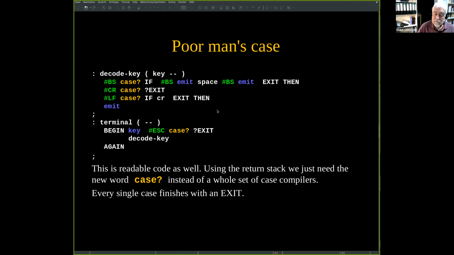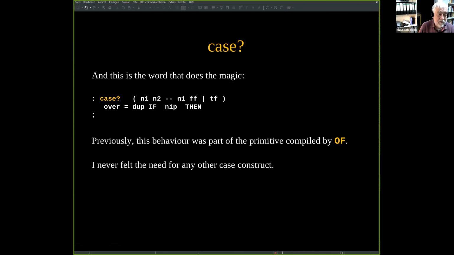And it uses a return stack, and we just need one new word, which is case, instead of a whole set of case compilers. And this is the magic. Case question mark is very simple. I have two numbers on the stack. This is the key, so to speak, and this is the key number, like backspace, line feed, and so on, the constant.